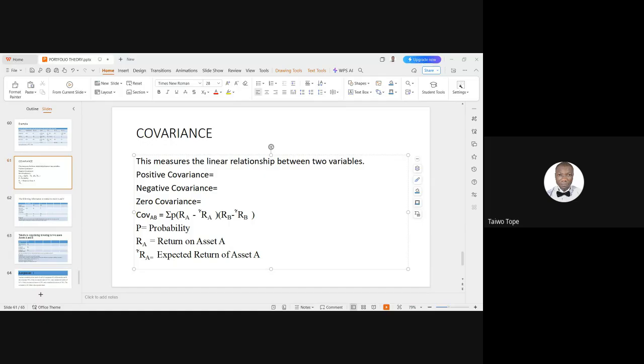For those of you doing research, by the time you use your SPSS to analyze your data, you'll be able to draw an inference from your outcome if your result is plus, minus, or zero.